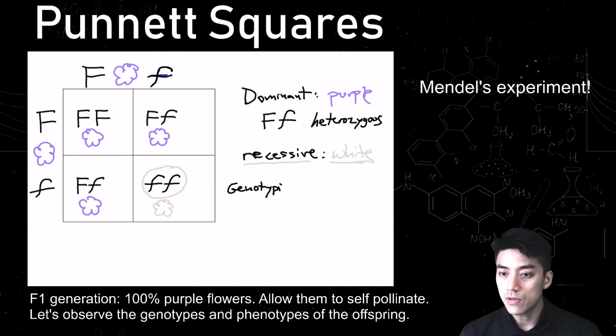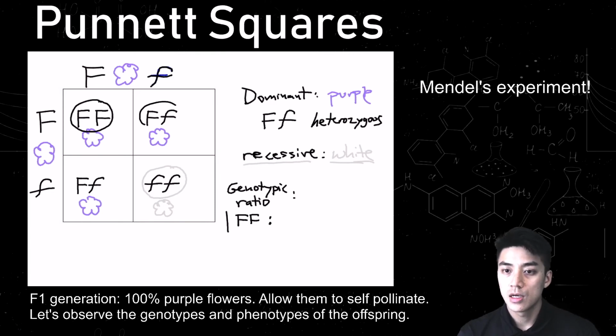So a few things to do. Let's write down the genotypic ratio. So the genotypic ratio would be 1 big F, big F. Okay, so that's 1 homozygous dominant. And we're going to see 2 heterozygous dominant, and I'll circle them.